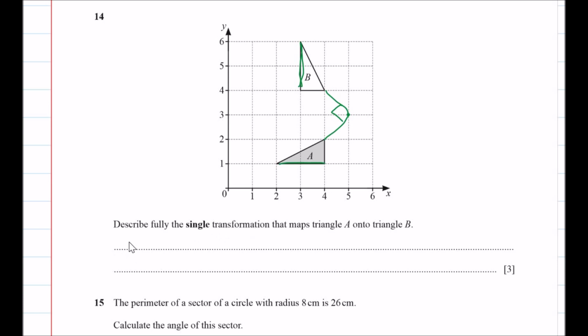So how to explain this? We'll write rotation by 90 degree clockwise about the point 5, 3.